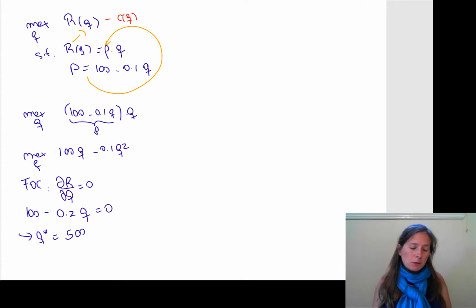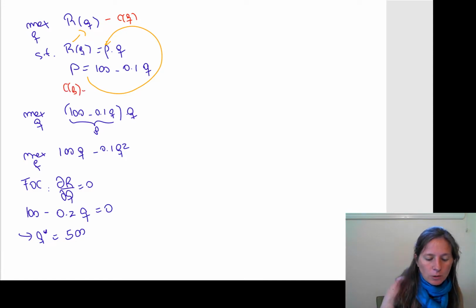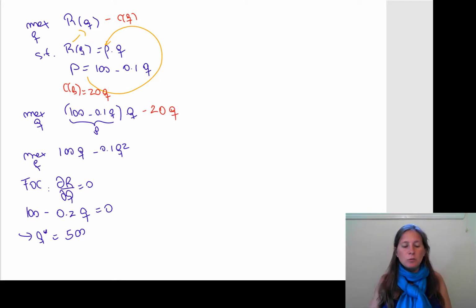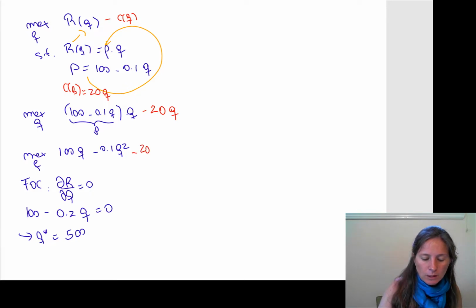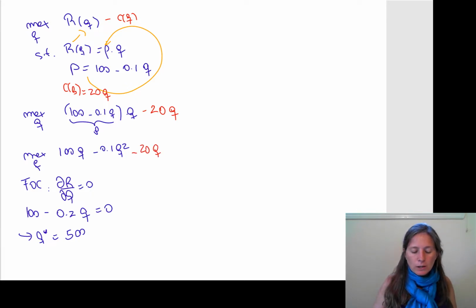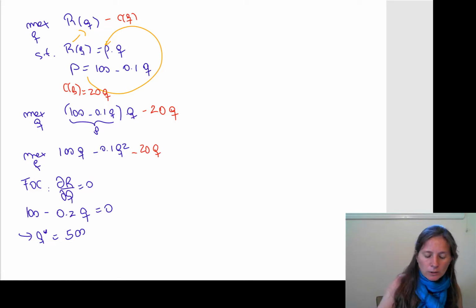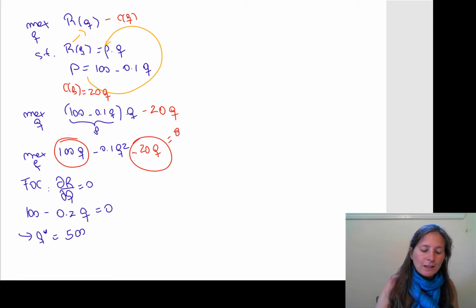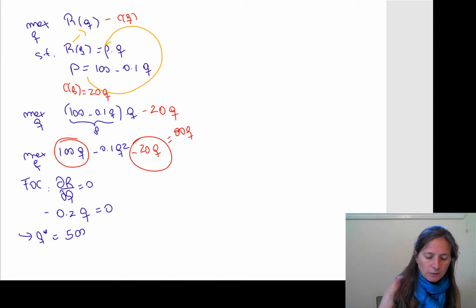So now we want to maximize profits. Your cost function, C of Q, is equal to 20 times Q. So this problem is the same as before, except that now we are subtracting 20 times Q. So when we take the derivative, that's going to be modified. 100 times Q minus 20 times Q is just 80 times Q. So we can modify it here.